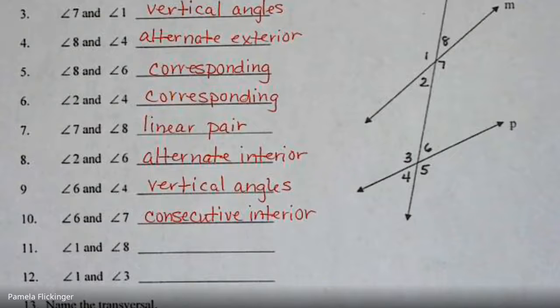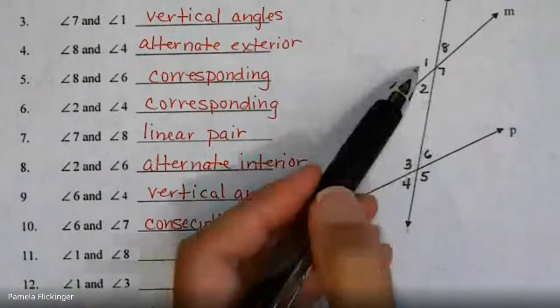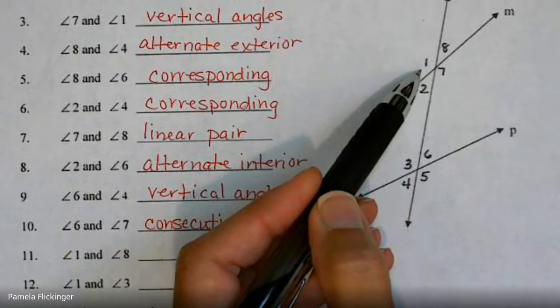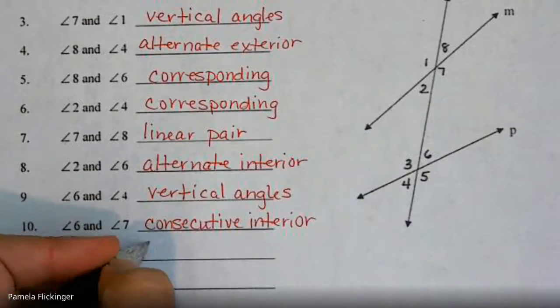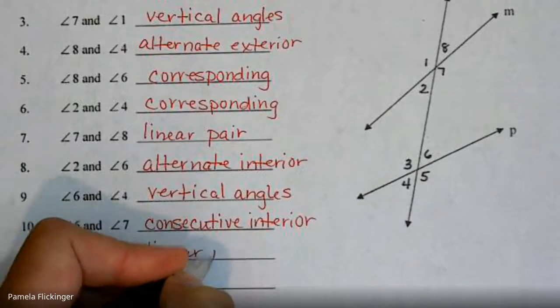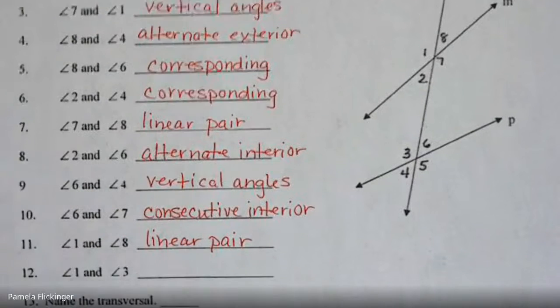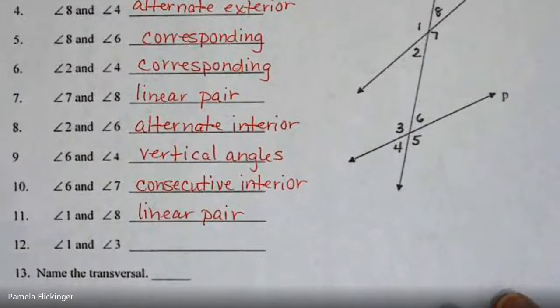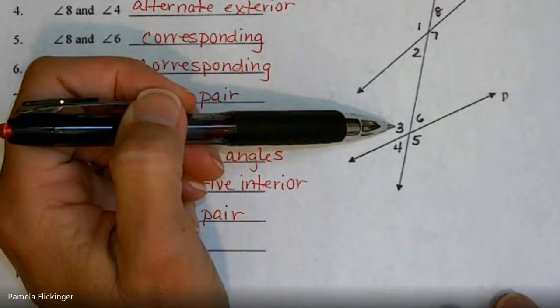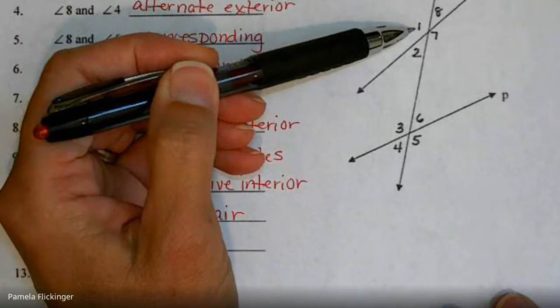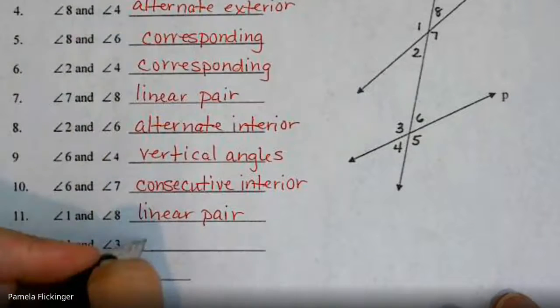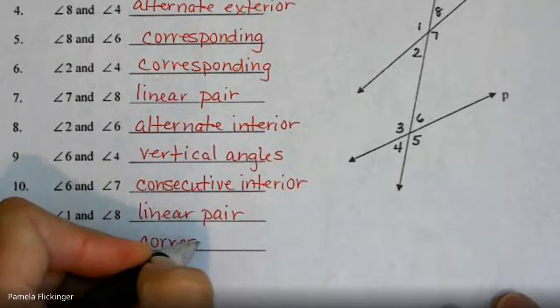All right, 1 and 8, they're in the same cluster, right next to each other. That's a linear pair. And 1 and 3 are our last pair. 1 and 3 are on the same side and they're both above. Same side, same position. Those are corresponding.